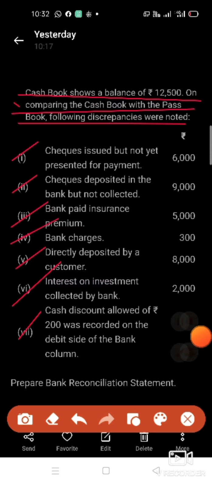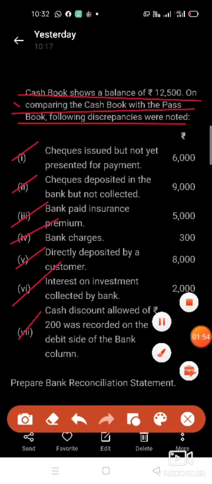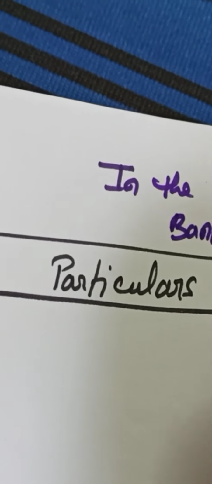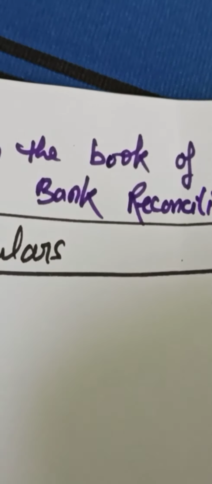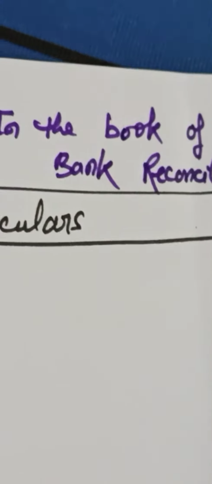Now see the solution. In the books of, you have to put the name, bank reconciliation statement. This is the add column and this is the less column.